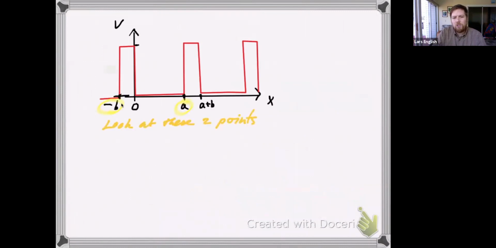So let's take a look at these 2 points here, minus B and A. We could have also used 0 and A plus B, but it's slightly simpler to use minus B and A. It shouldn't really make a difference.